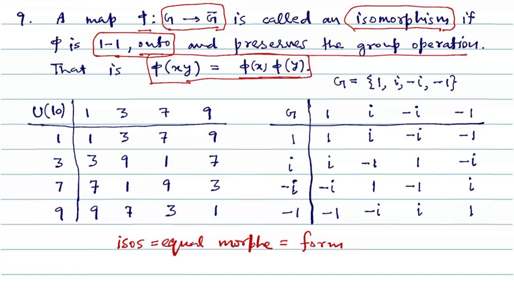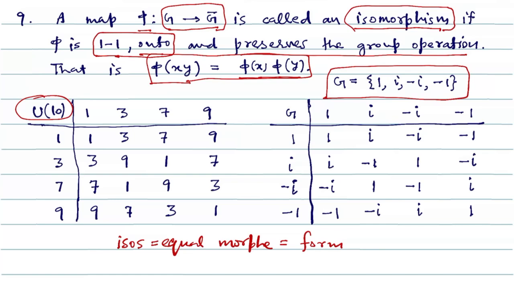In this example we take a group G containing four elements, 1, i, minus i and minus 1, and another group U10. It consists of four positive integers 1, 3, 7 and 9, which are co-prime to 10.